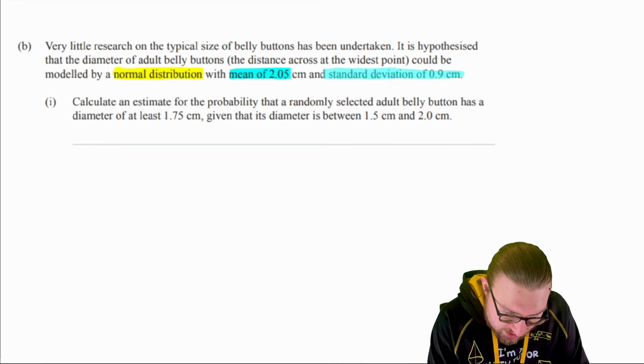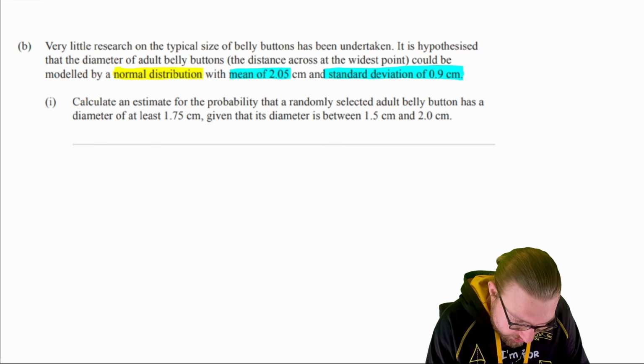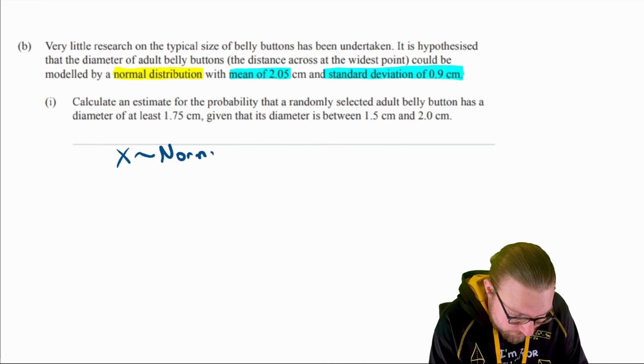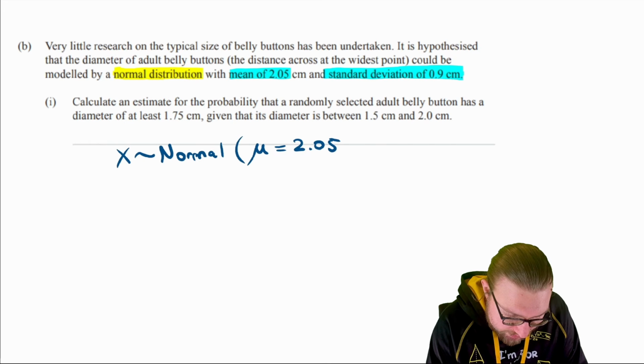Why do they do that? Because those are the parameters of our distribution. So we can already write down that X has distribution normal. And remember, in brackets, put down your parameters. We have that the mean is equal to 2.05, and the standard deviation is 0.9.